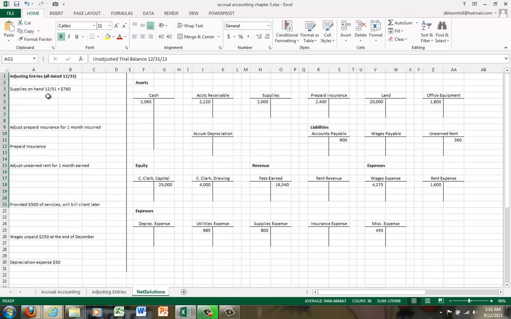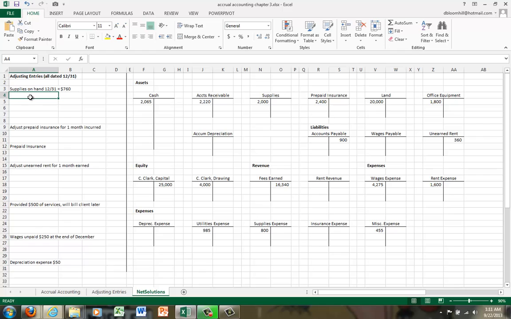The first adjusting entry that we have on hand is we took a physical inventory and we see that supplies on hand at the end of December is $760. So we go to the trial balance or the T account and we see that at one point we had $2,000 of supplies on hand, but right now it's only $760.